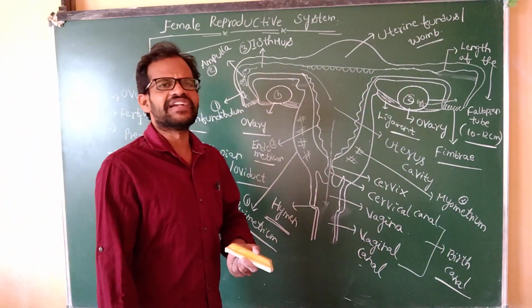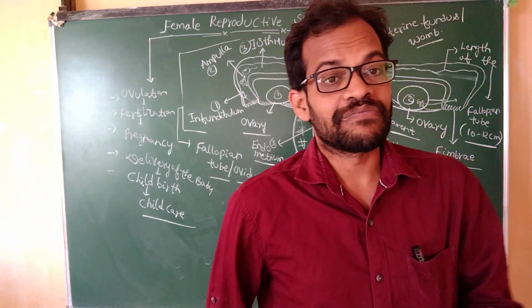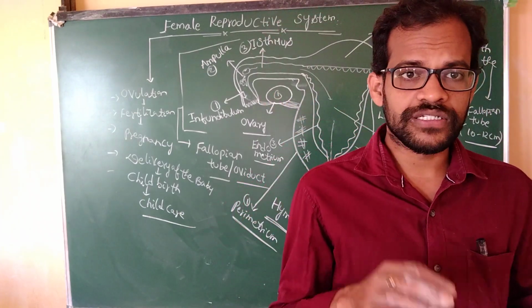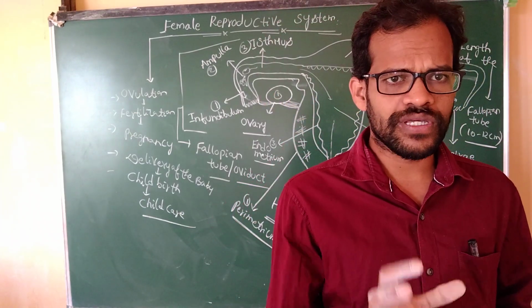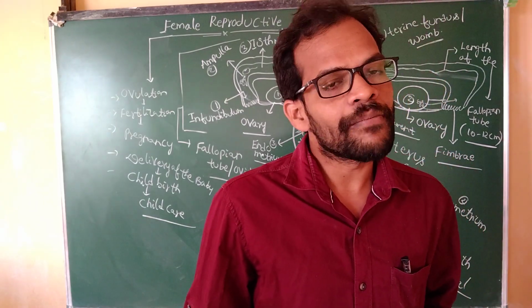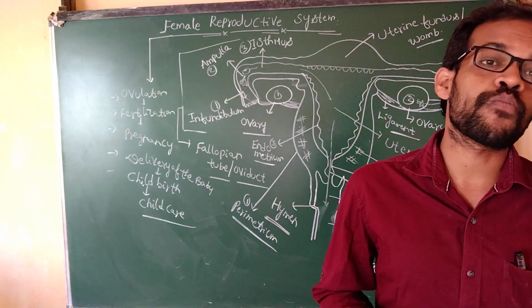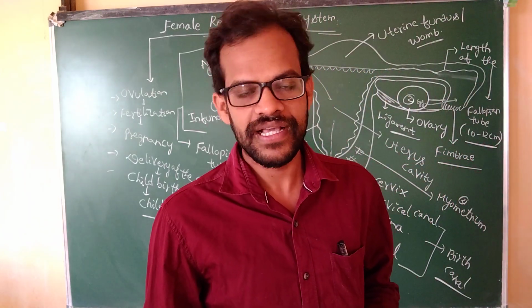The mammary glands produce milk, which provides nourishment. The babies continue feeding on the mother's milk. This mother's milk is produced by the mammary glands, which are modified sweat glands.